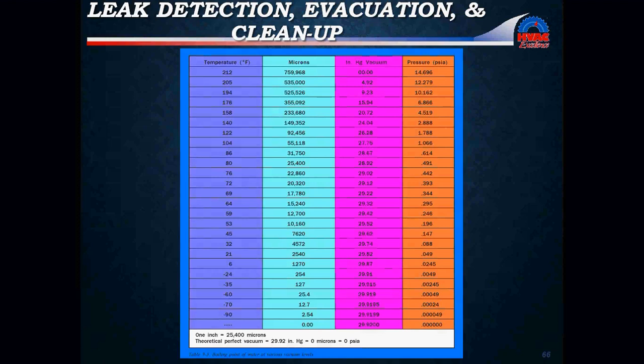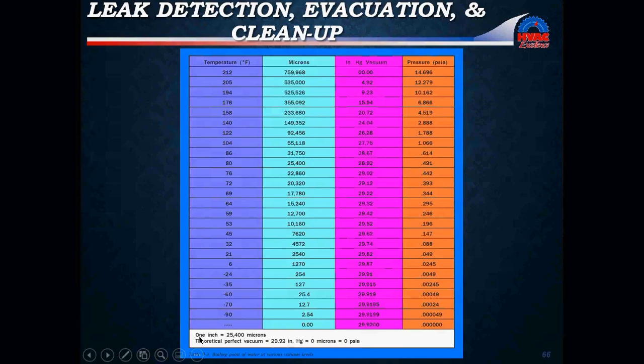We can also use a temperature pressure chart to figure out what our inches of vacuum are, our microns, and our pressures are. So for example, here at 80 degrees outside, we are at 2,400 microns. When we are in inches of mercury vacuum, we are at 28.92 inches of mercury vacuum, okay, or 0.49 psi absolute.